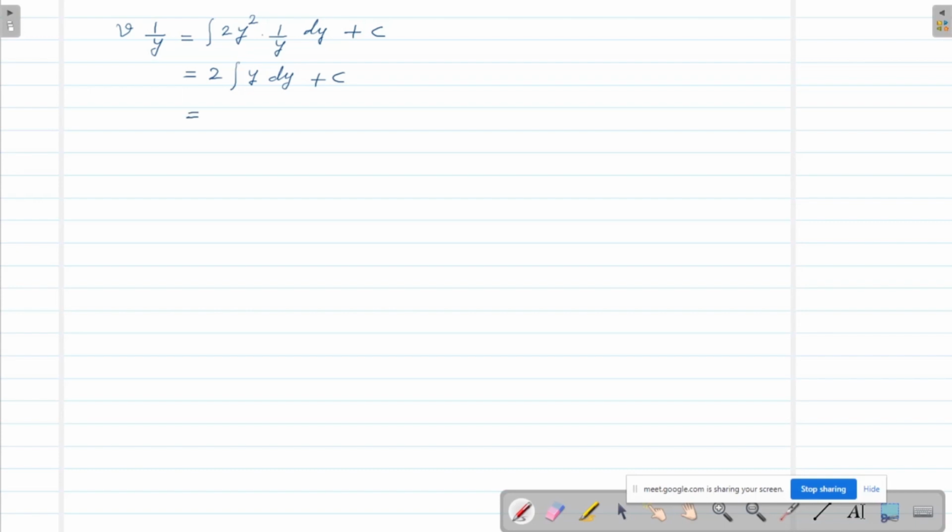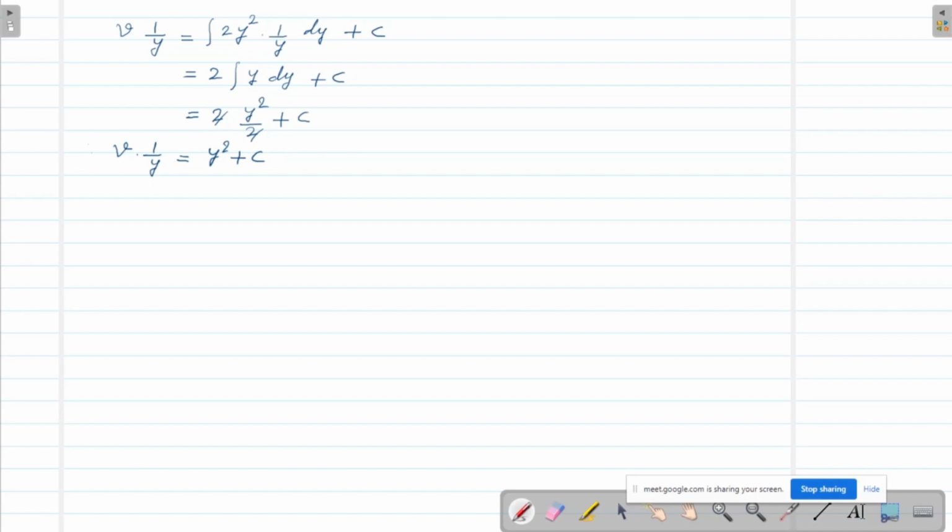After integration you will get 2 times integration of y, which is y square by 2, plus c, where c is the integrating constant, and this 2 and this 2 will cancel. So you will get v into 1 upon y equal to y square plus c. Now resubstitute all the values.